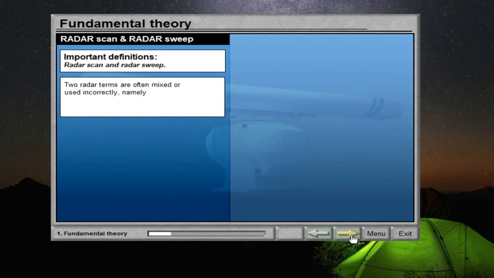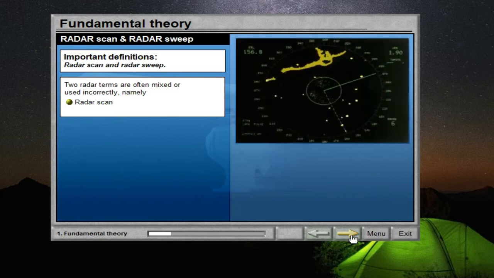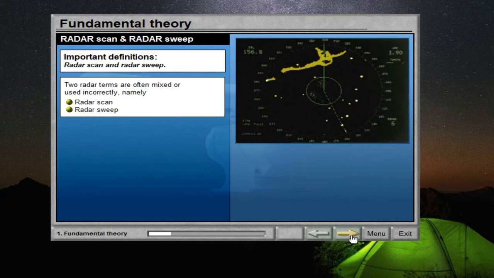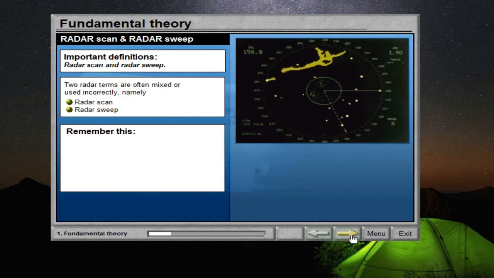Two radar terms are often mixed or used incorrectly, namely radar scan and radar sweep. Remember this: a radar sweep is the transmission of one radar pulse only.